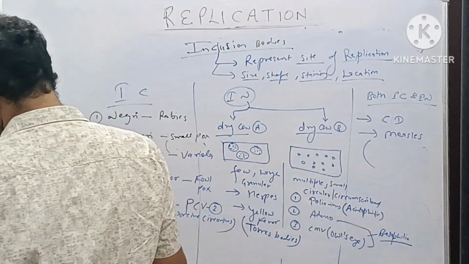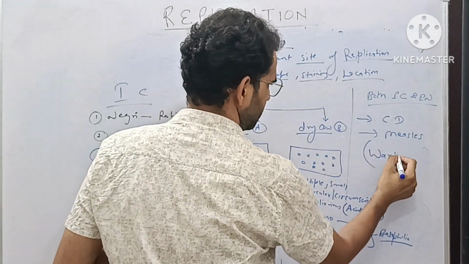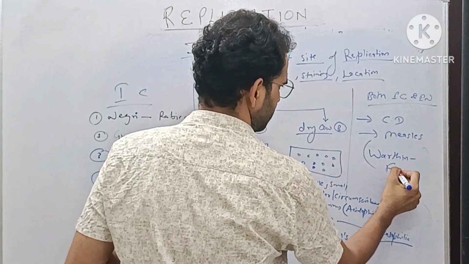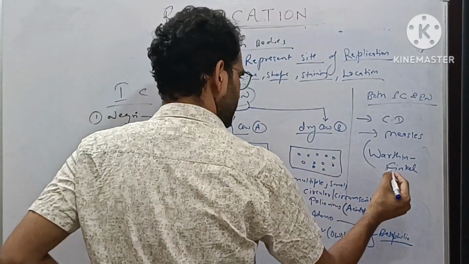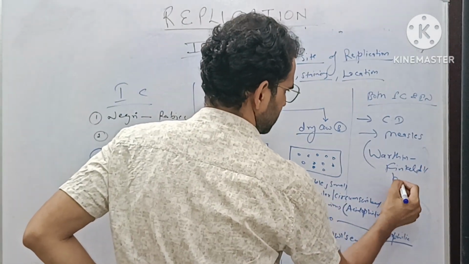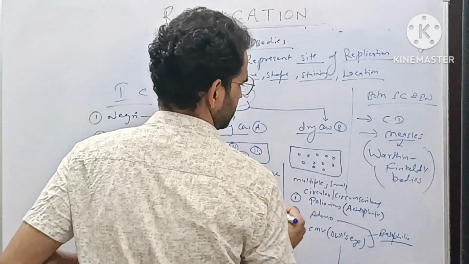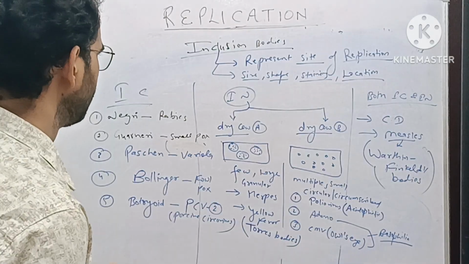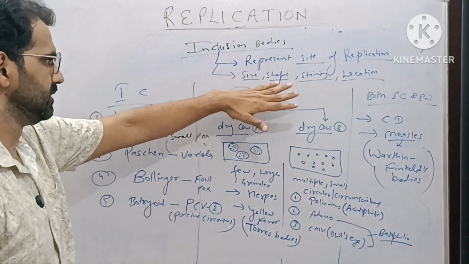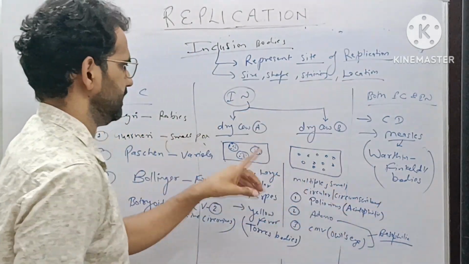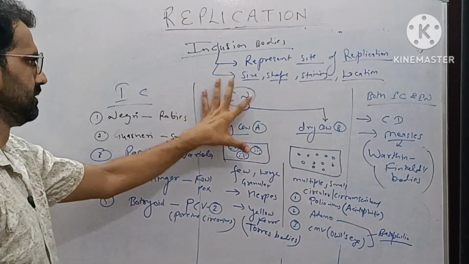The measles inclusion bodies are known as Warthin-Finkeldey bodies. So these are the 3 types of inclusion bodies: cytoplasmic, nuclear and both. Intranuclear has 2 types, Cowdry type A and B, with these examples.